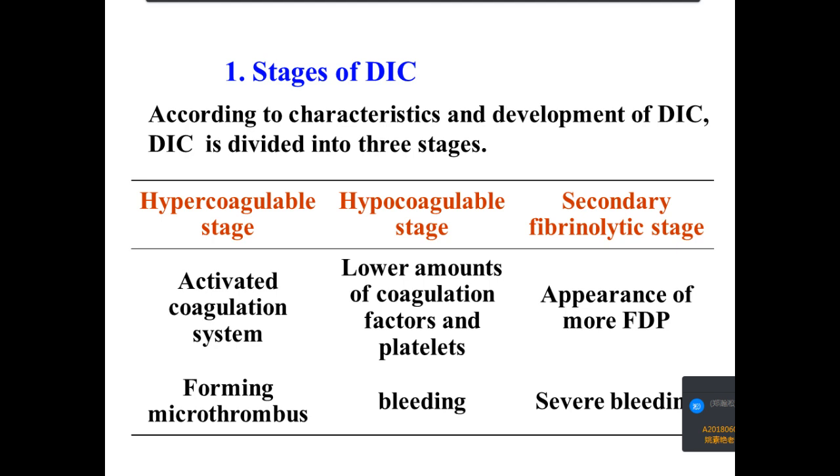How many coagulation factors are there? Fibrin refers to coagulation factor 1. Factor 2 refers to thrombin. 3 is tissue factor, 4 is calcium.